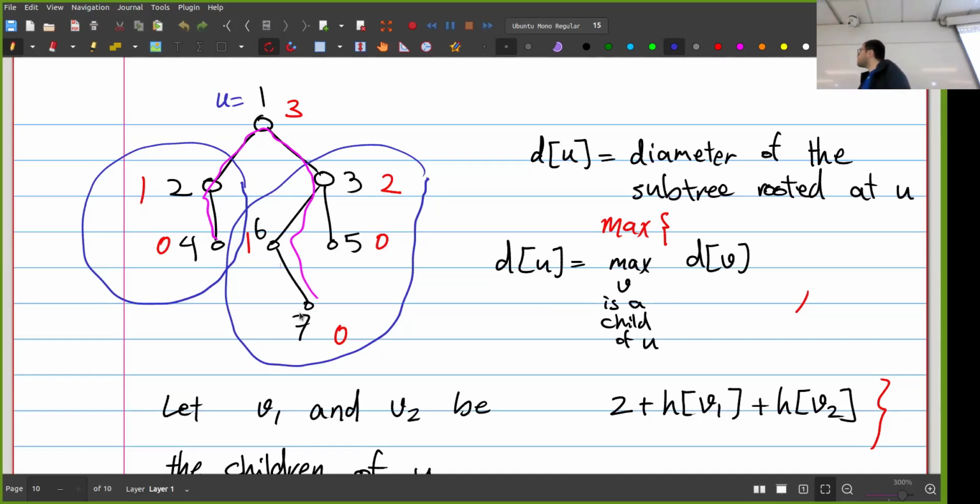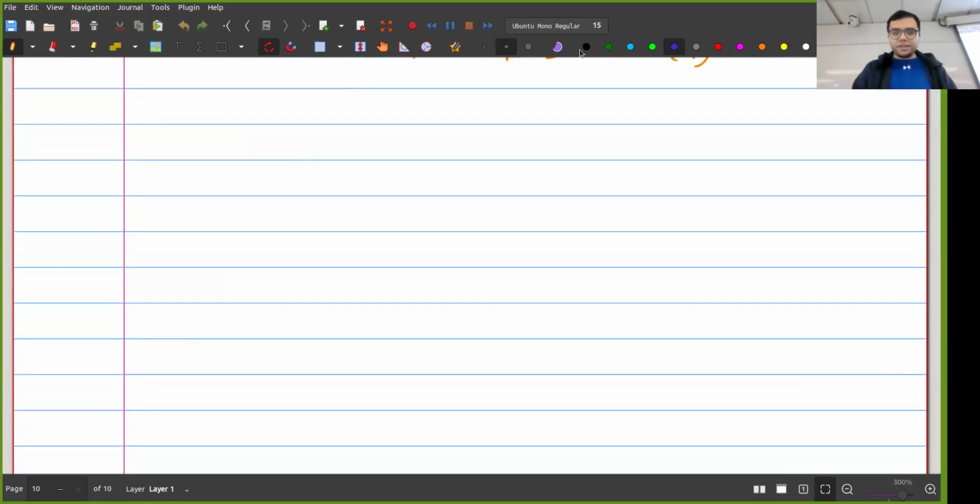Now, you can prove this by just tracing the dynamic program, but I want to do this without dynamic programming. So I want to say, if I take any arbitrary vertex as the root, and if I want to find the diameter of the tree, I can always be sure that one of the endpoints of the diameter is one of the vertices that is farthest from the root. Okay.